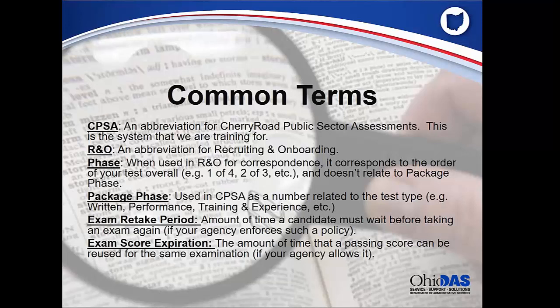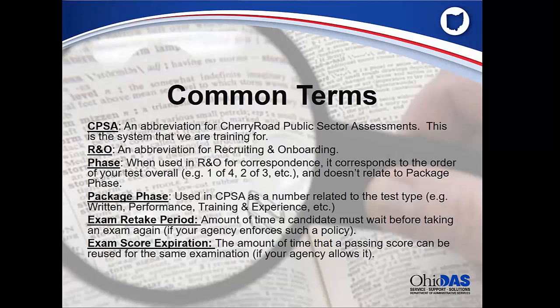So if you're on your second of 2 tests or your first of 4, it doesn't relate to package phase, which is used in CPSA. And it's used in CPSA as a number related to the type of test that you're doing, whether it's written, which would be like a number 2, performance, training experience, and all of this will make sense as we go through the training, but I'm just highlighting them now and we'll go over them again.